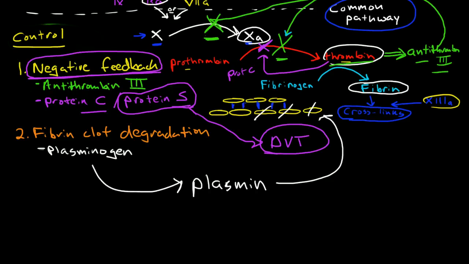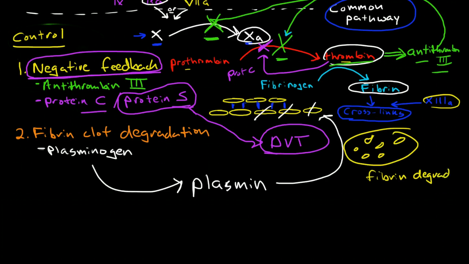And actually you can detect the little pieces. You end up with small little pieces of what were fibrin clots, and these are called fibrin degradation products. And we actually have labs that look for these, and that just tells us how active plasmin is. So plasmin breaks down the linked fibrin and thereby breaks down existing clots.